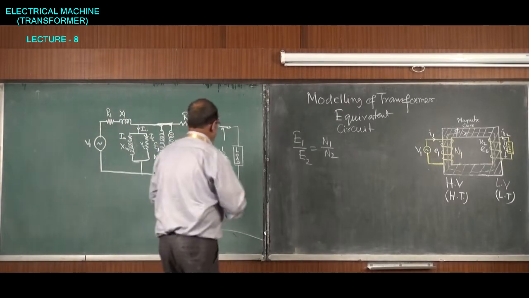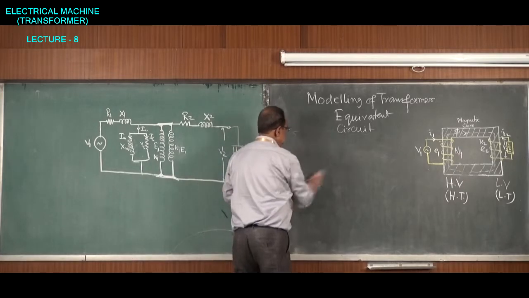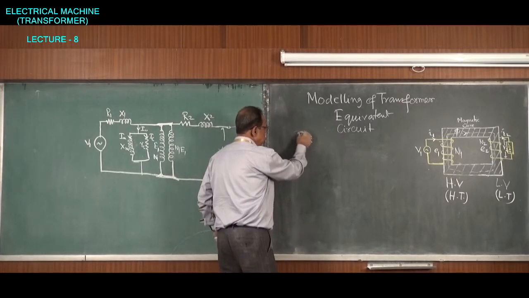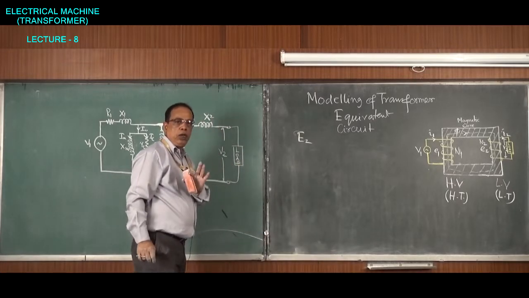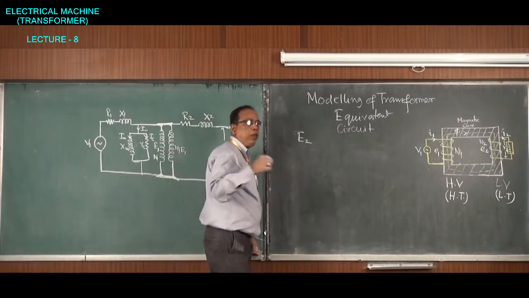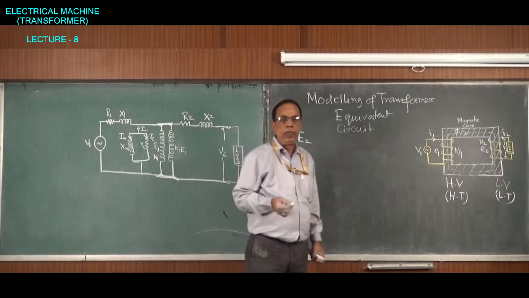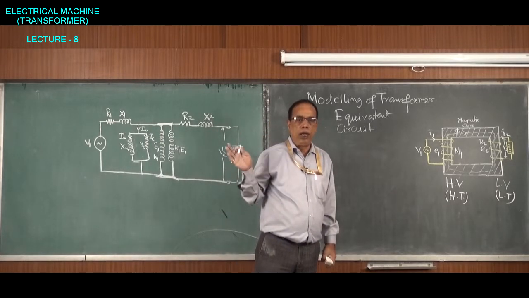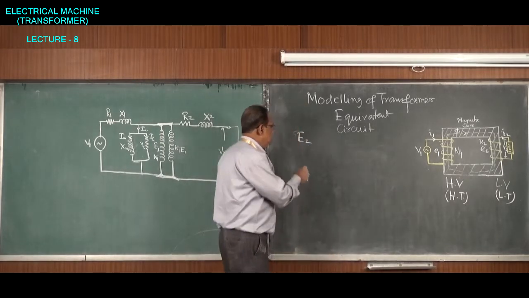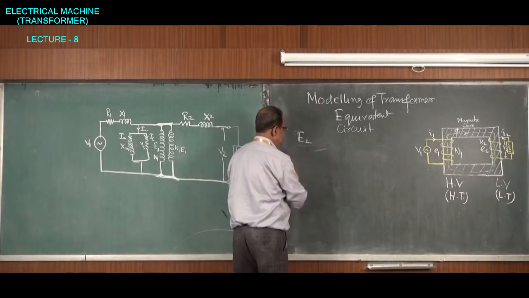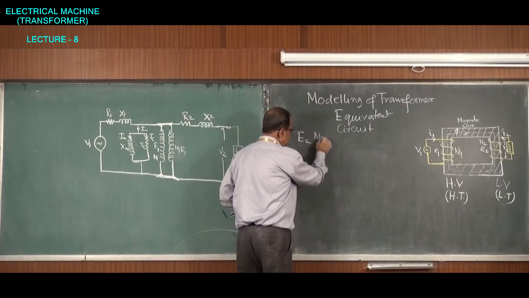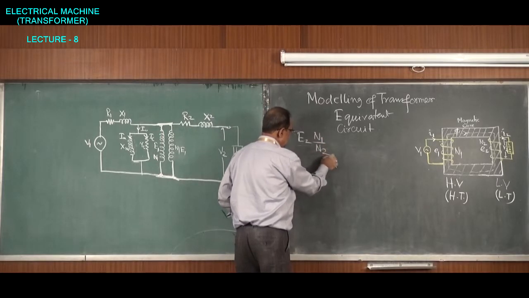So what we are getting is, my voltage was E2 in the secondary with N2 number of turns. Now I have replaced it by another coil having N1 number of turns. So how much voltage will I be getting? E1, that is E2 into N1 by N2.